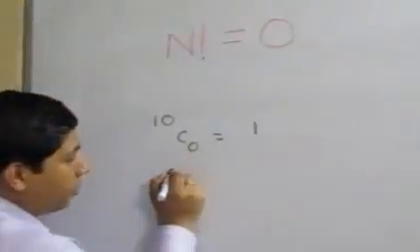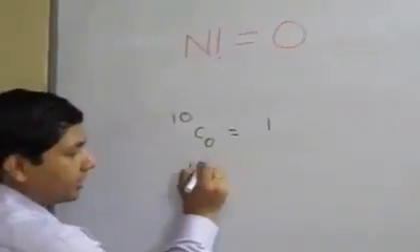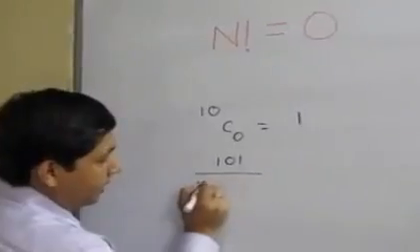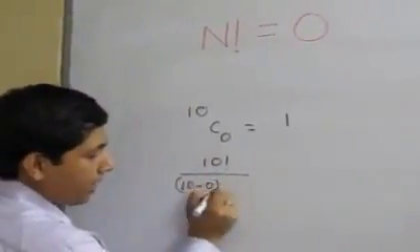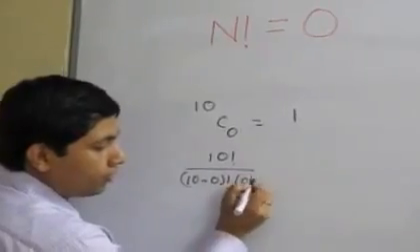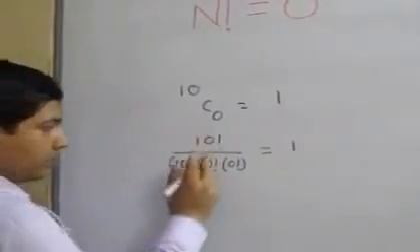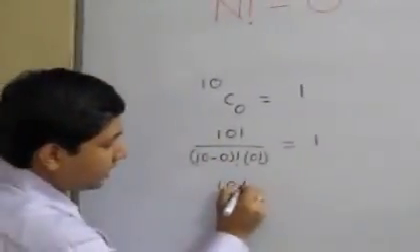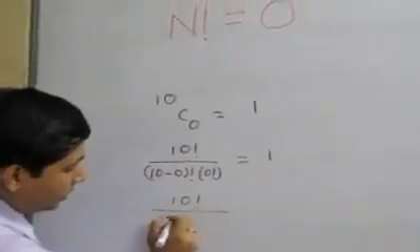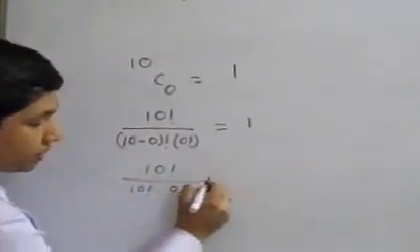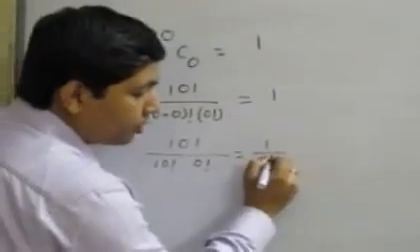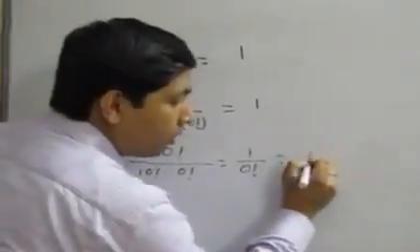So if you apply the formula of nCr, we get 10 factorial divided by (10 minus 0) factorial into 0 factorial. By logic, it is equal to 1. If you solve this further, we get 10 factorial divided by 10 factorial into 0 factorial, which is equal to 1 by 0 factorial, which by logic is equal to 1.